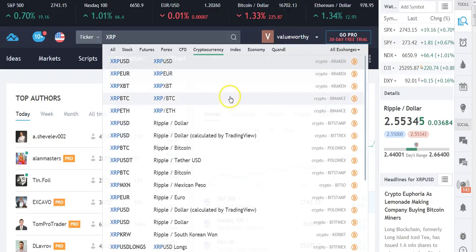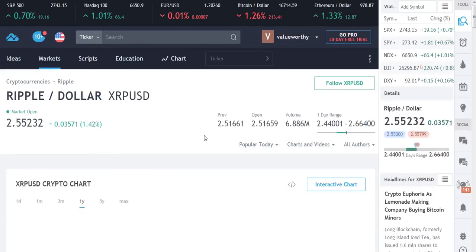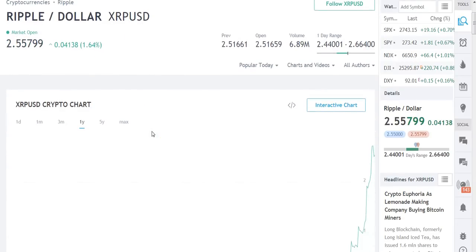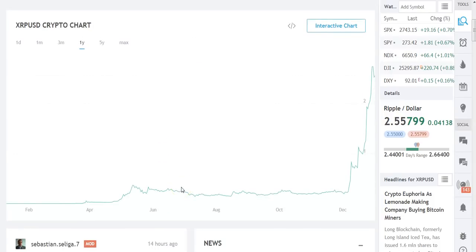Okay, and let's just say we're gonna use USD, Ripple US dollar on Bittrex, calculated by TradingView. So right now it's at $2.55. And then you see the 1-year chart of Ripple.